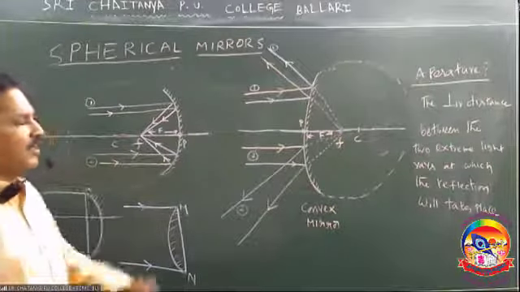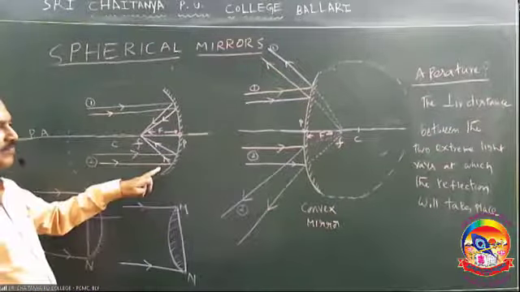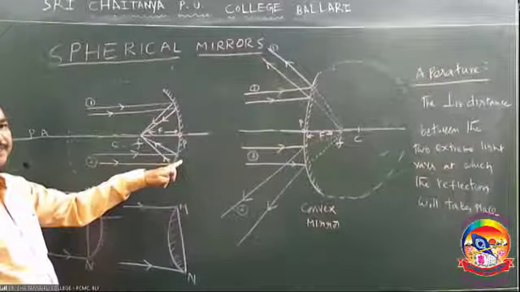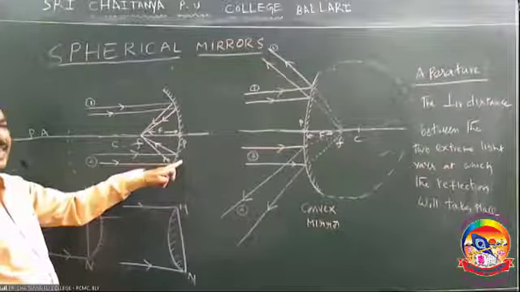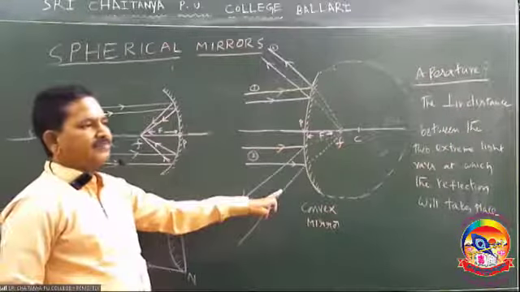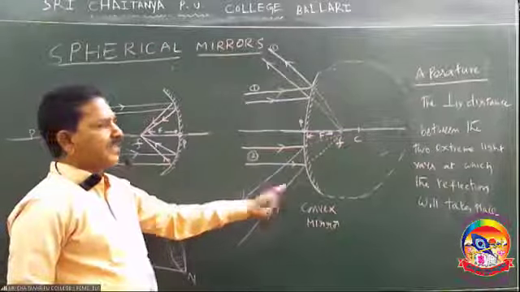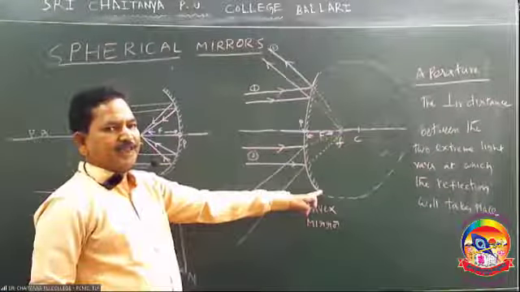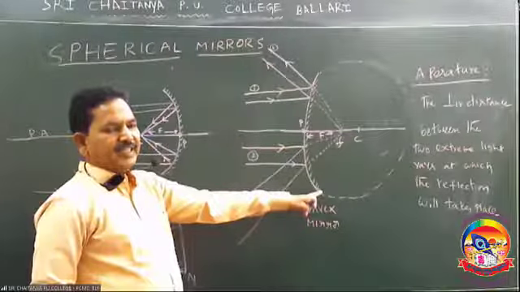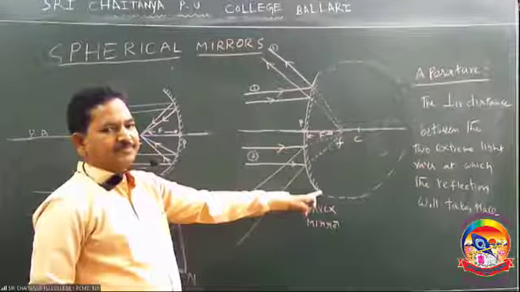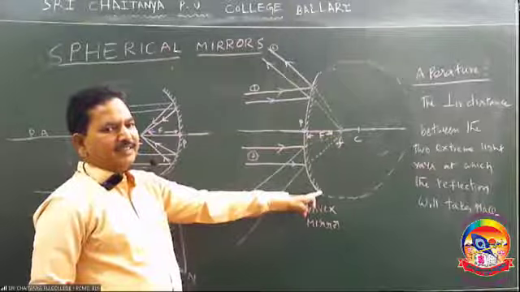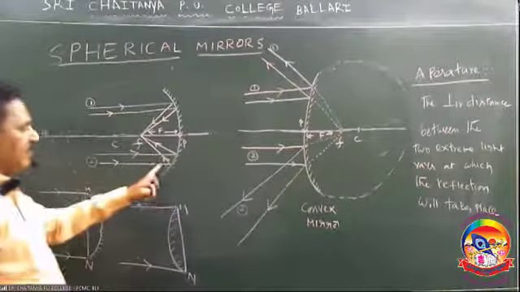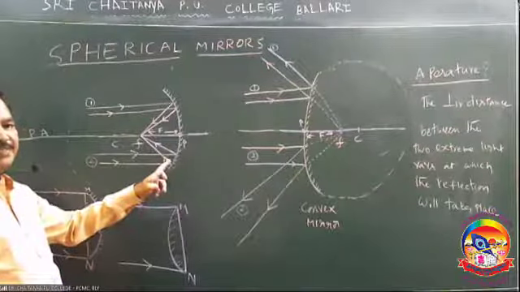In case of a convex mirror, the surface away from the center is polished. In case of a concave mirror, the surface towards the center of the sphere is polished, and the inner surface is the reflecting surface.